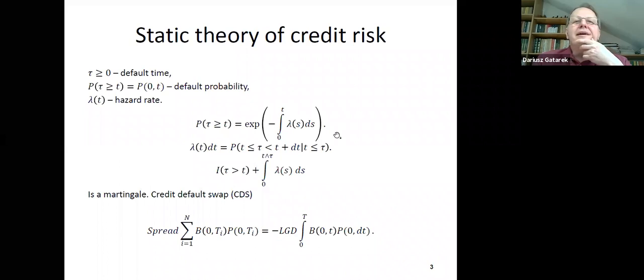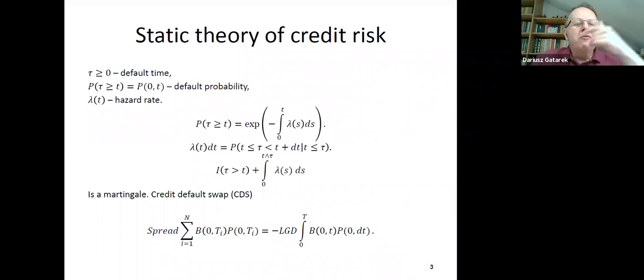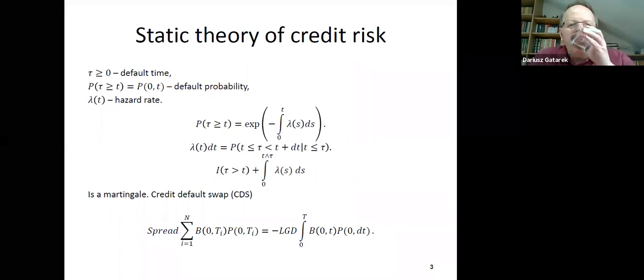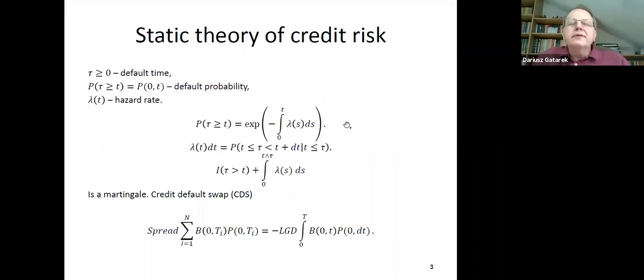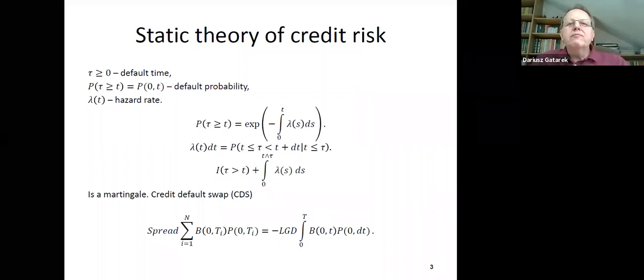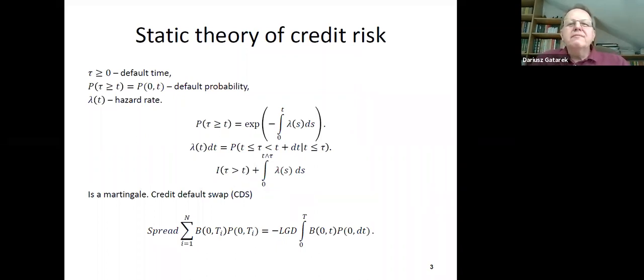And in such a simple setting, we may say quite a lot. There is a field of mathematics and engineering called reliability theory, which is the theory of credit risk, but for physical engines.